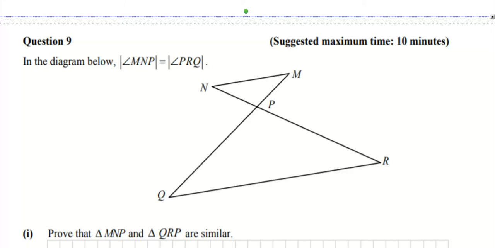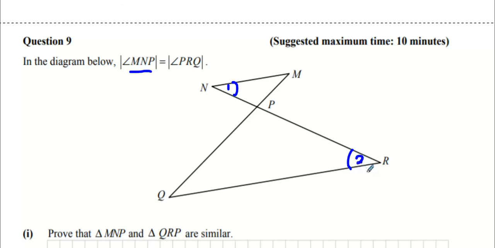Now we're on to question 9. Prove that MNP and QRP are similar. So angle MNP, which we'll call angle 1, is equal to angle PRQ, which is angle 2.